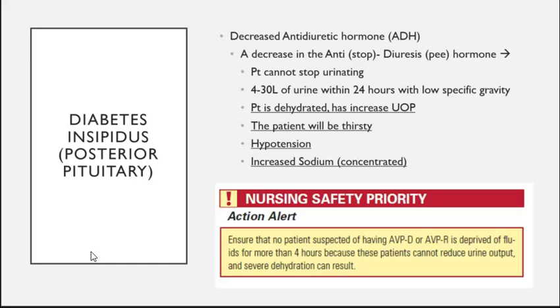I do remember that she was NPO, but I think she was going down for like a CT or something. It wasn't anything major and it had only been like an hour, and within that hour, she could not restrain herself from drinking out of the toilet. That is severe.